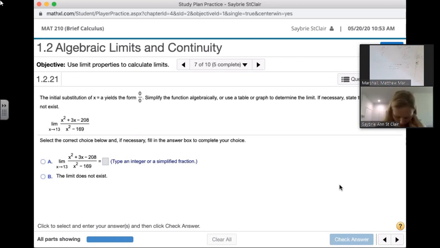I'm trying to factor 208: two numbers that multiply to give you -208 and add to give you 3. So I think it's 16 times -13. So if you factor that top part, it turns into x plus 16 and then x minus 13.